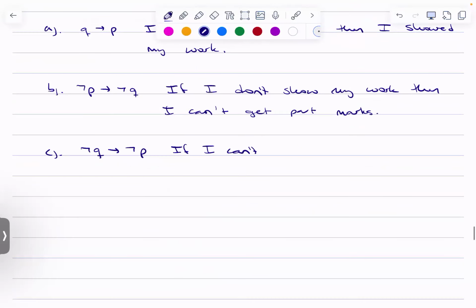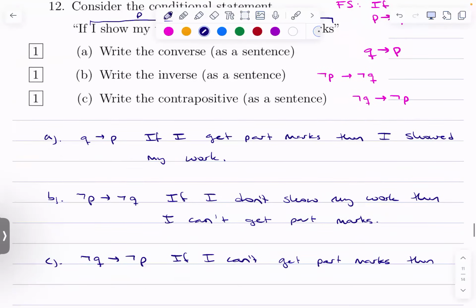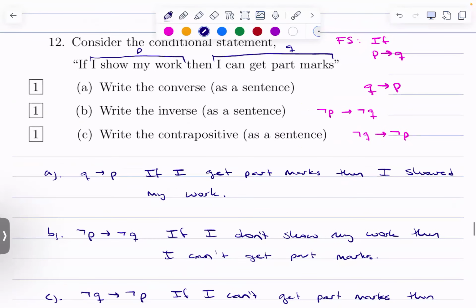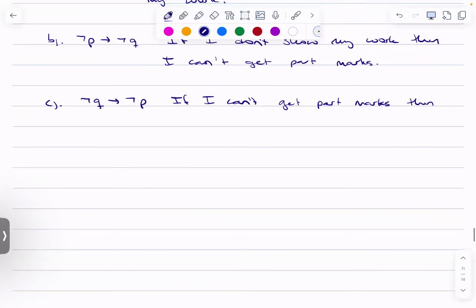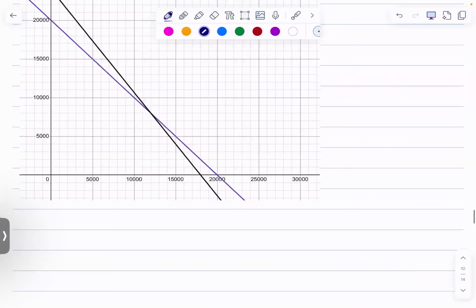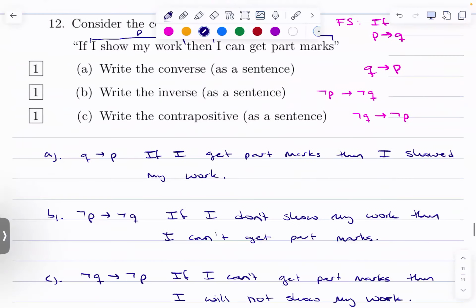If I can't get part marks, then I will not show my work.